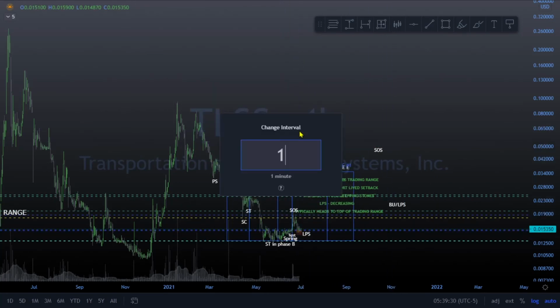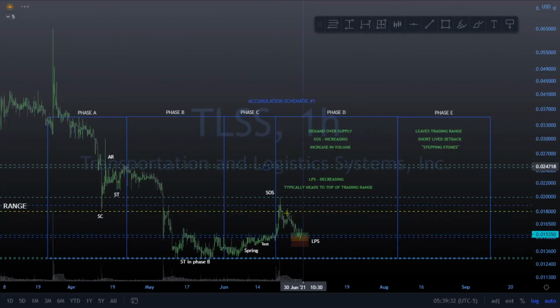It's actually on the 1 hour that I put this one. So in phase C, we have our spring, which, if this was how it was, we were fortunate that the spring played out above the support line, which it tends to do, and sometimes the spring plays out below the support line.